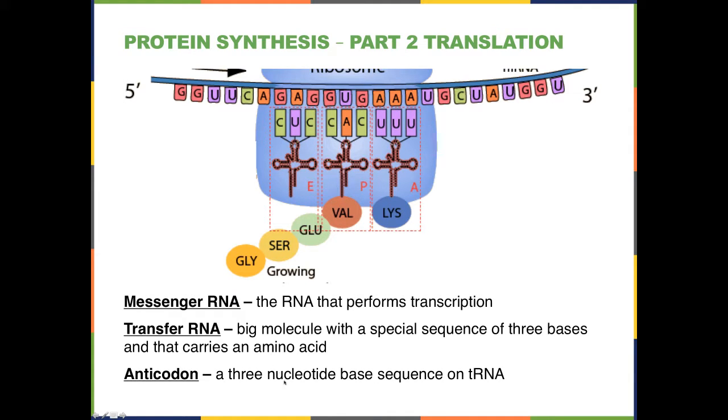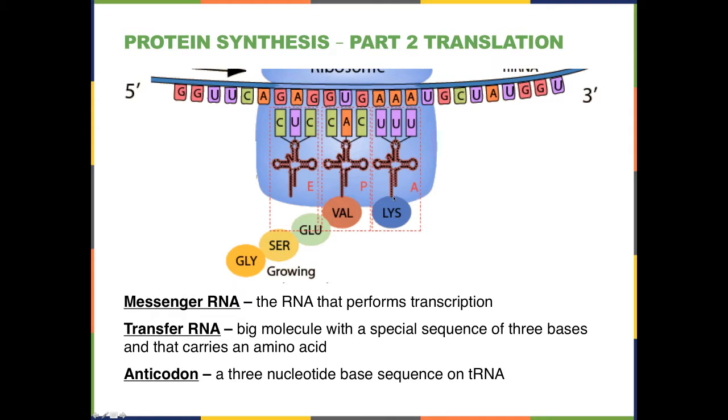So the anticodon is a sequence of 3 bases on the transfer RNA, and let's move over to this one, it's carrying an amino acid. So it comes along and it has UUU, which, RNA has U instead of T, and it has to bind to 3 A's. So it binds to these 3 A's right here, and then you have lysine attached to it.